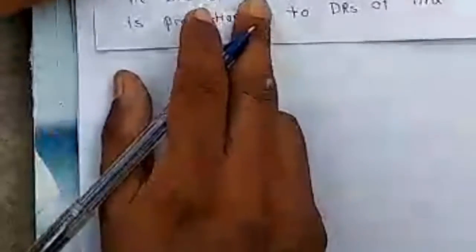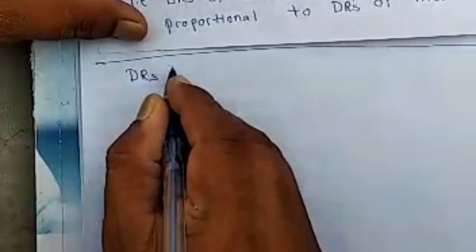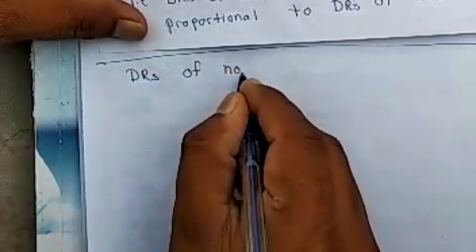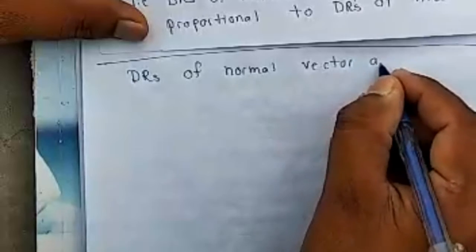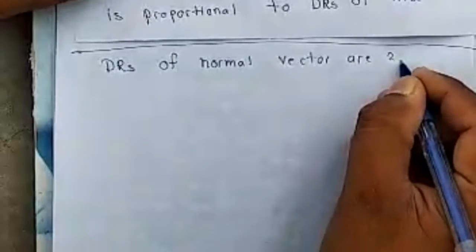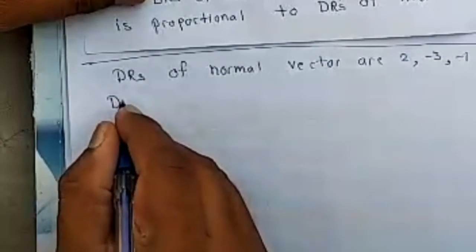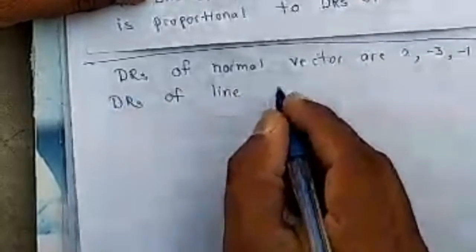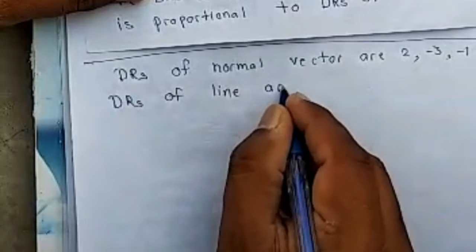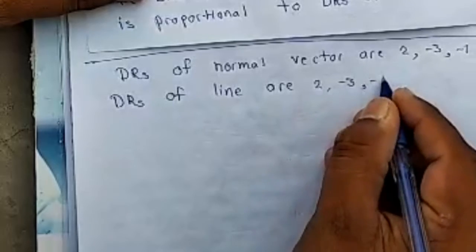Now the direction ratio of the normal vector is given as 2, minus 3, minus 1, so the direction ratio of the line is 2, minus 3, minus 1.